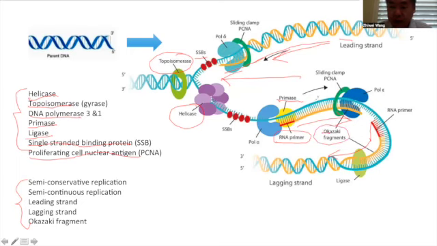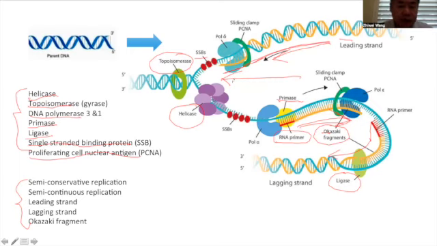On this strand you have many Okazaki fragments formed, and a ligase at the end joins them together. We call the strand with continuous synthesis the leading strand. On the other strand, DNA synthesis occurs in short fragments, so it is called the lagging strand.